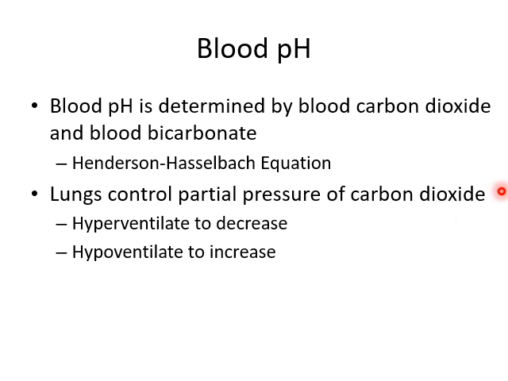And then this has downstream effects. Decreased carbon dioxide is going to lead to decreased hydrogen ions, which is going to lead to an increased pH. Hypoventilation is going to increase the carbon dioxide, which is going to increase the hydrogen ion concentration, and then that's going to decrease the pH.